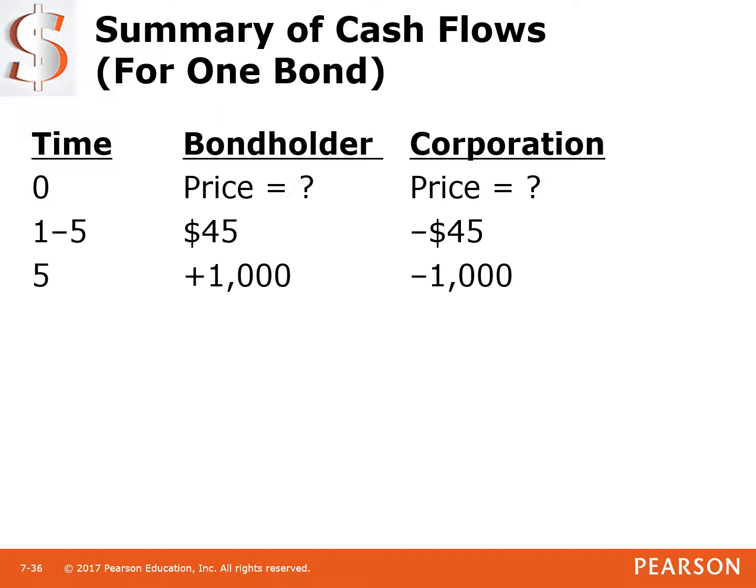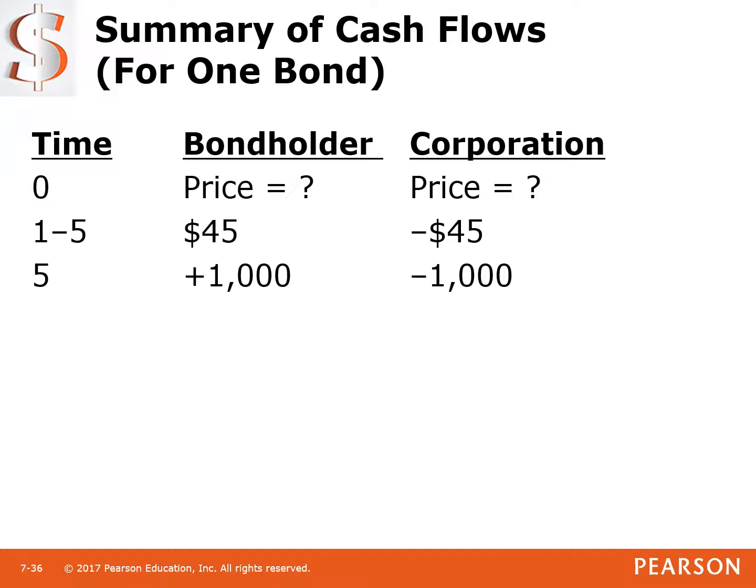So what's their cash flow? To the bondholder, they're going to receive $45 every year at the end of each year for the next 5 years. To the bondholder, they're going to receive $1,000 at the end of 5 years.